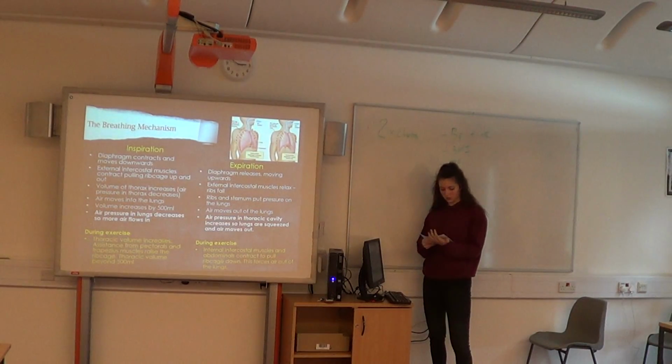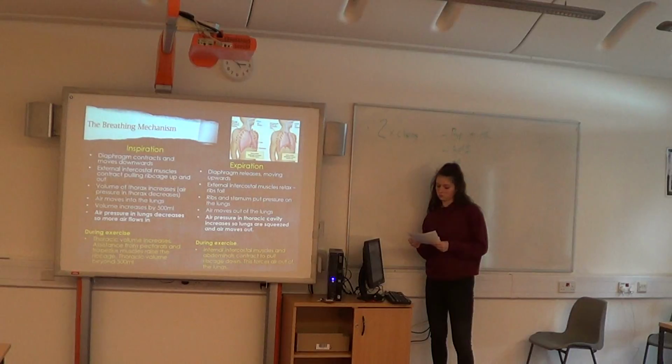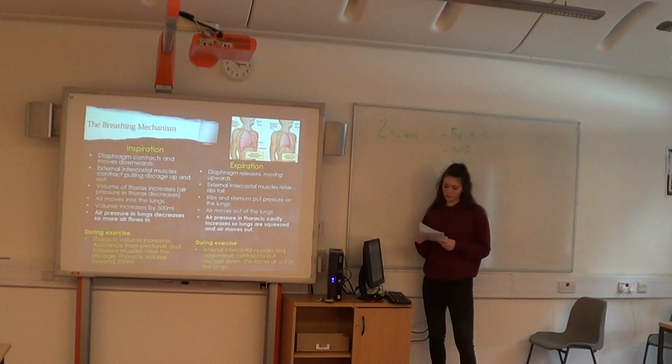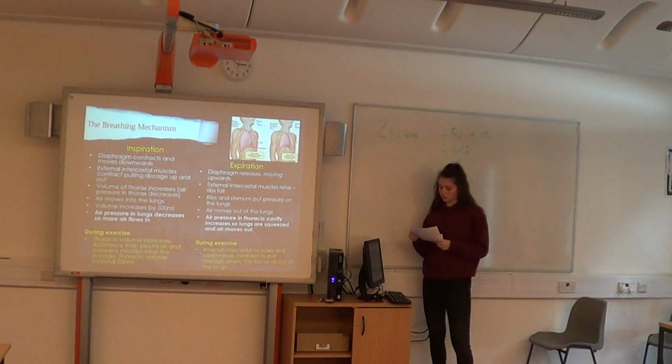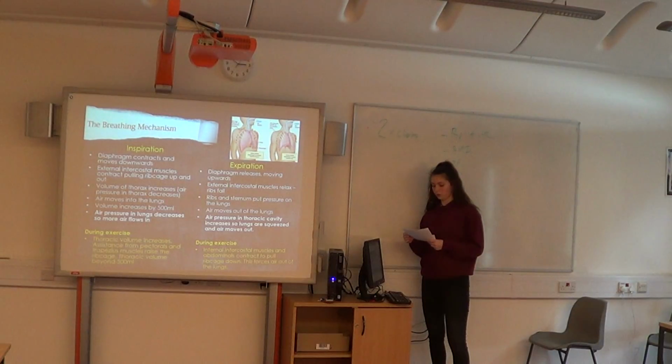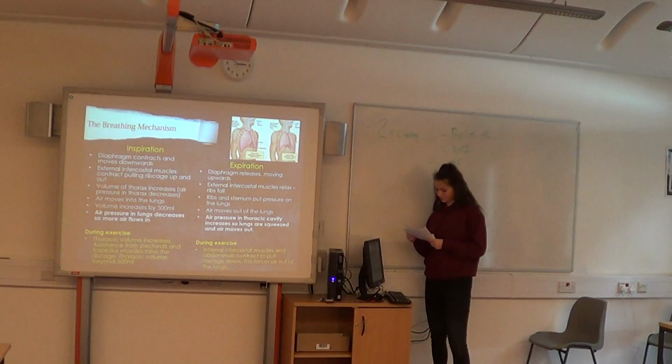So in the breathing mechanism, it will differ depending on whether we're taking in or expelling air, and the process will be faster or slower depending on whether we're exercising. So for inspiration, the diaphragm contracts and moves downwards. The external intercostal muscles contract, pulling the ribcage up and out, which then increases the volume of the thorax, and that means the air pressure in the thorax decreases.